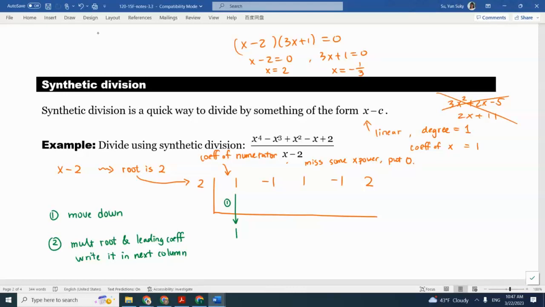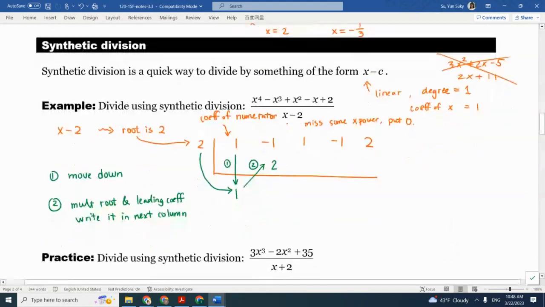Okay, so step 2 is you use the root multiplied by this number. 2 times 1 is what? 2. And you put it in the next column. So this is step 2.